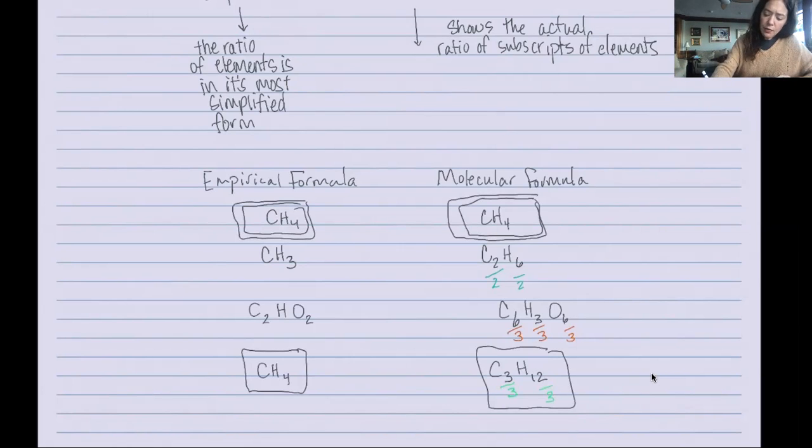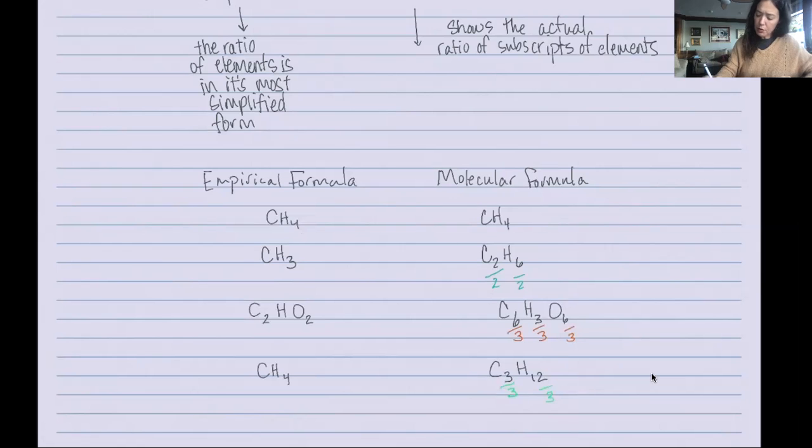Now, if you look at our empirical formulas and our molecular formulas, how would we get from our first empirical formula, CH4, to our second, our molecular formula, CH4? We would times it by 1, okay?